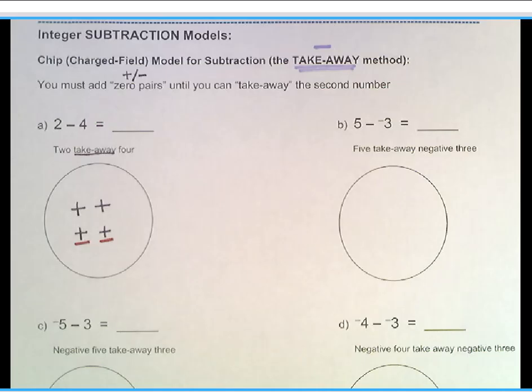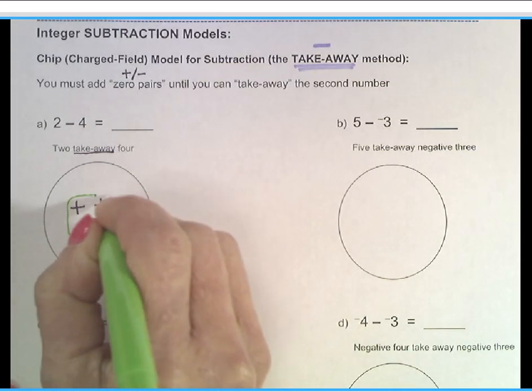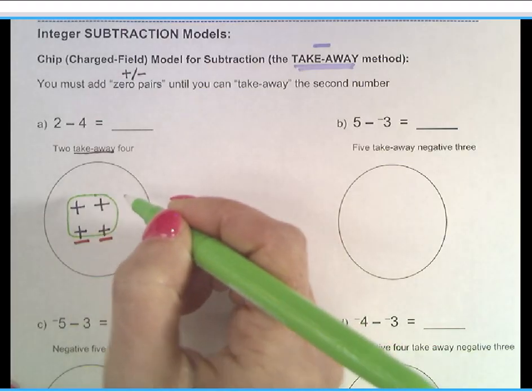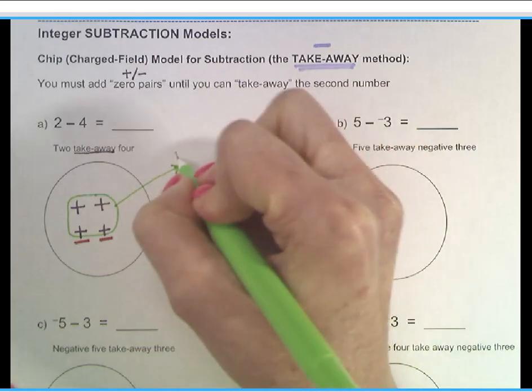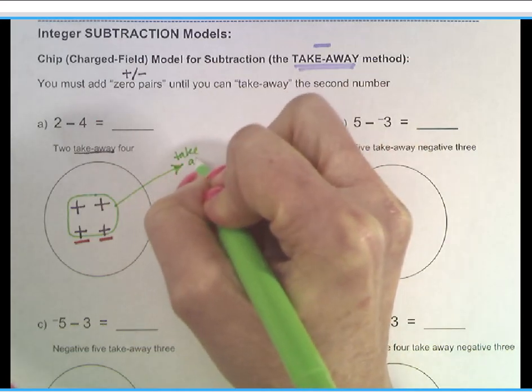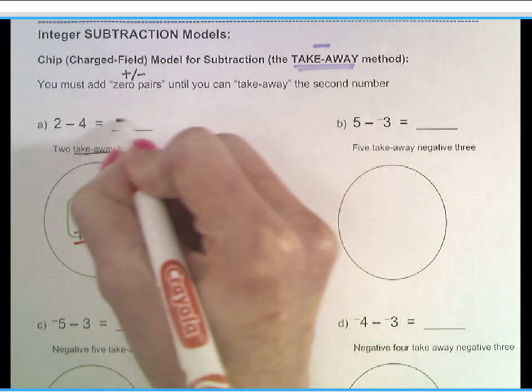So then you go, okay, well now, can you take away 4? And you're like, oh yeah, now I can take away 4. So I'm going to take my 4 positives. And if you're going to do a takeaway model, you have to actually do this part. You have to show this part where those are being taken away. And if I take those 4 pluses, those 4 positives out of the picture, what's left behind? 2 negatives.